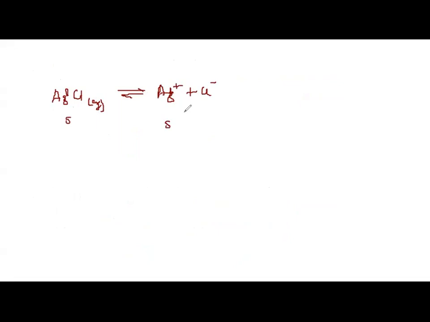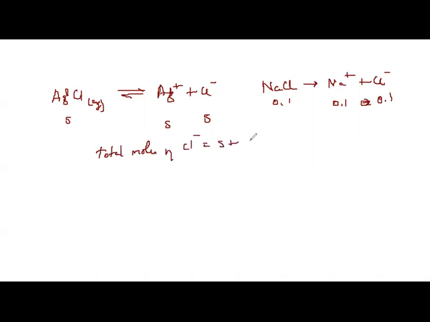And they have said 0.1 molar solution of NaCl. Therefore, what will be Cl? You know that NaCl dissociates completely to give Na plus and Cl minus. So if this is 0.1, this also will be 0.1 and this also will be 0.1, correct? So total moles of Cl minus will be s plus 0.1.